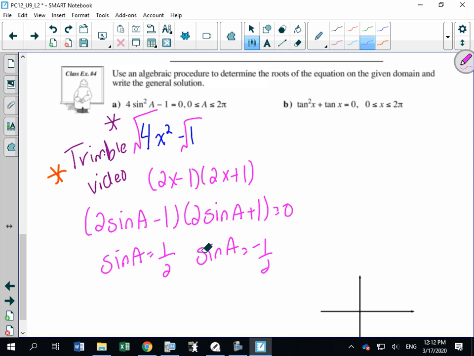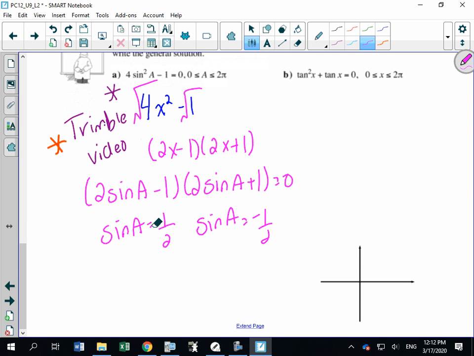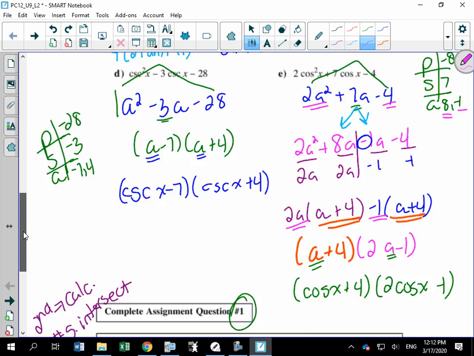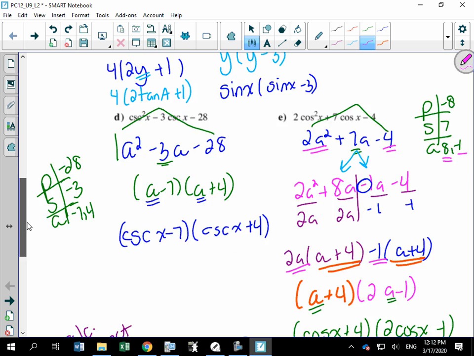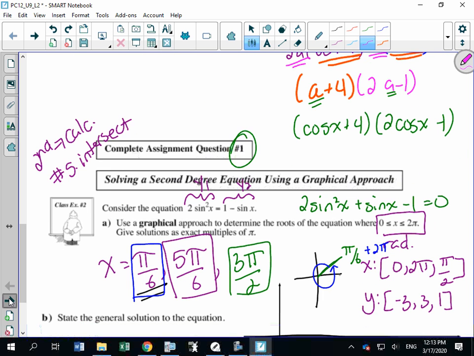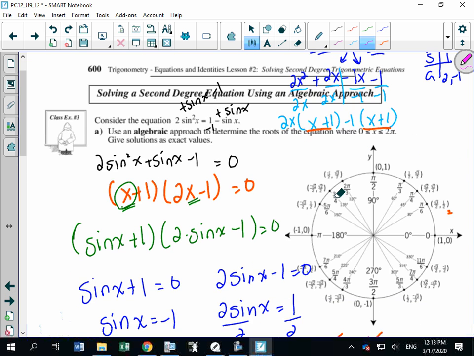You'd be setting up a CAST rule for each one. Here sine is positive in quadrants 1 and 2. I might as well finish this, you guys. Where is sine 1/2? Where is y equal to 1/2 on our unit circle? Oh, it's up here. So y is 1/2 at pi over 6 and 5 pi over 6. And then the second one was, where is y negative 1/2?